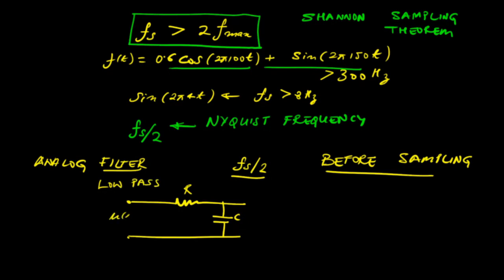That means if you give a signal u of t, and you measure voltage across this capacitor and you get a signal v of t, then v of t will not have high frequency components, and those will depend on the resistance and the capacitance that you choose in your circuit. In other words, you need to have some kind of a hardware filter to remove these frequencies greater than fs by 2 before you sample and digitize the continuous analog signal.